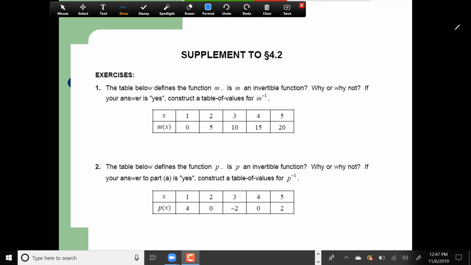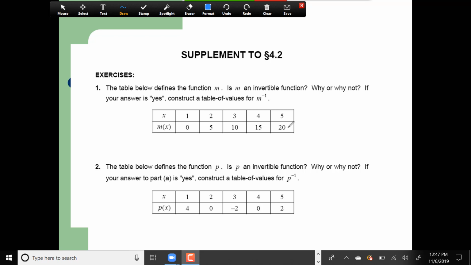One way to find out if it has an inverse would be to think about it. In order to pass the vertical line test, your x's can only show up once. Well, if you reverse that and you're doing the horizontal line test, that means your y's can only show up once.